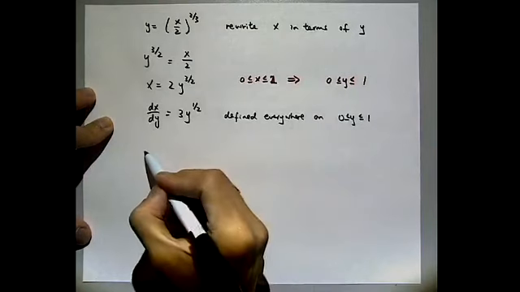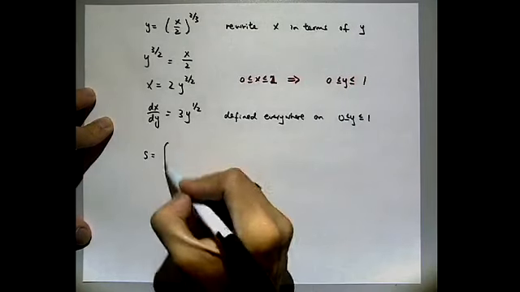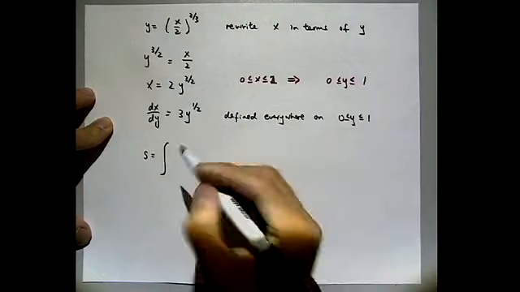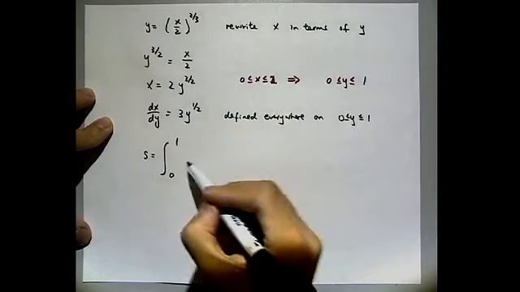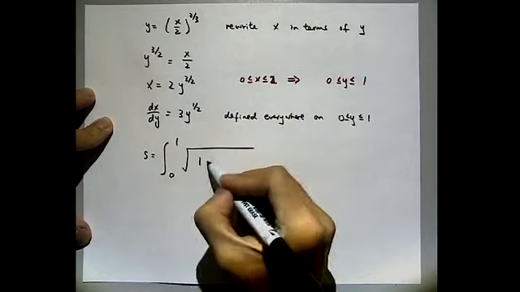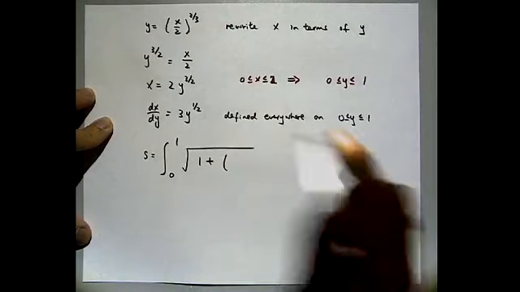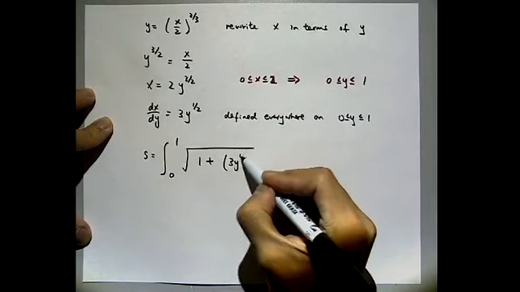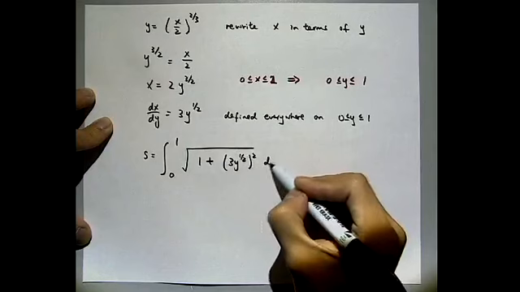Okay, the rest of this becomes pretty simple to do. The arc length, using the new bounds in y, 0 to 1, is the integral of the radical of 1 plus (dx/dy) squared, dy.